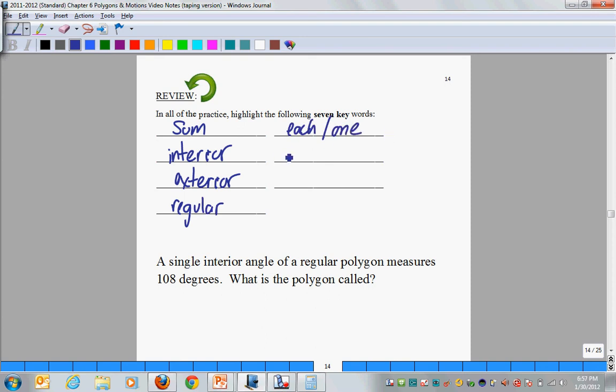You need to note what the number of sides are, or the polygon number. And the last is, are, was, were, which are all equal signs. Go ahead and write down those important buzzwords.